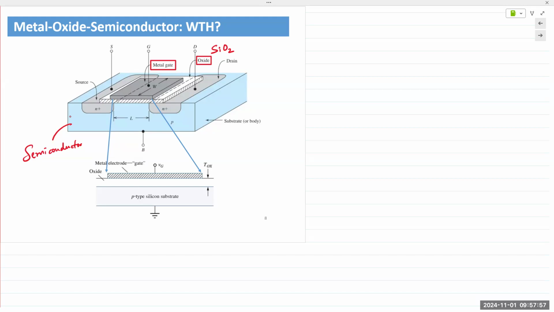And when you have an N-channel MOSFET, we refer to it as an NMOS device. If it's an N-type substrate, we have P-type implants in there. We create a P-type channel, and we call those devices PMOS, as P channels.